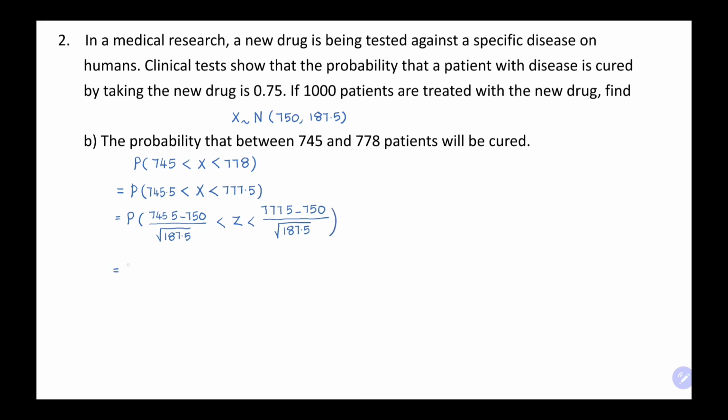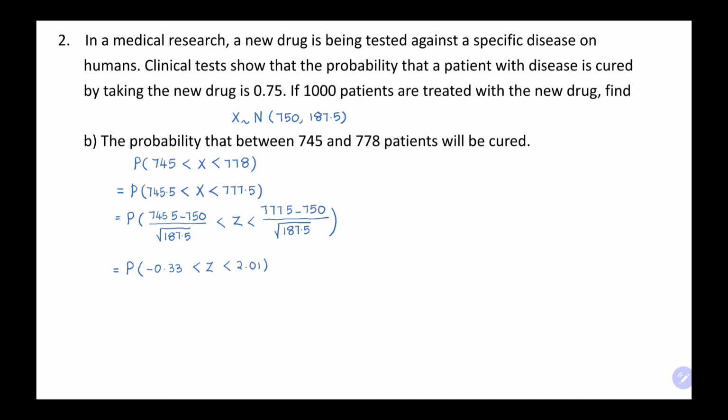Then we solve, we get the answers negative 0.33. We take 2 decimal places for Z, and the other answer is 2.01.